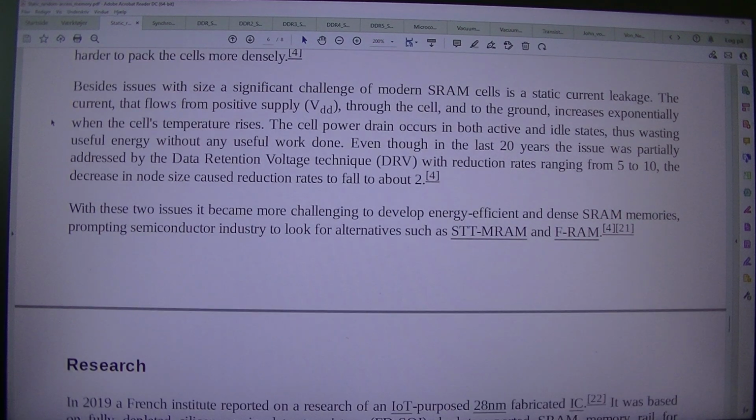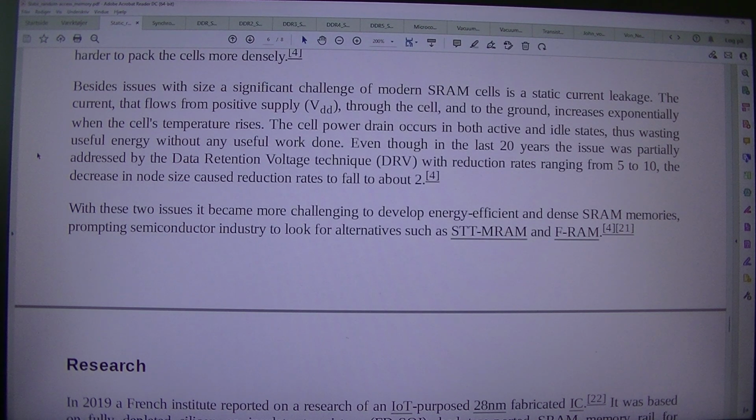The current that flows from positive supply, VDD, through the cell and to the ground, increases exponentially when the cell's temperature rises. The cell power drain occurs in both active and idle states, thus wasting energy without any useful work done.